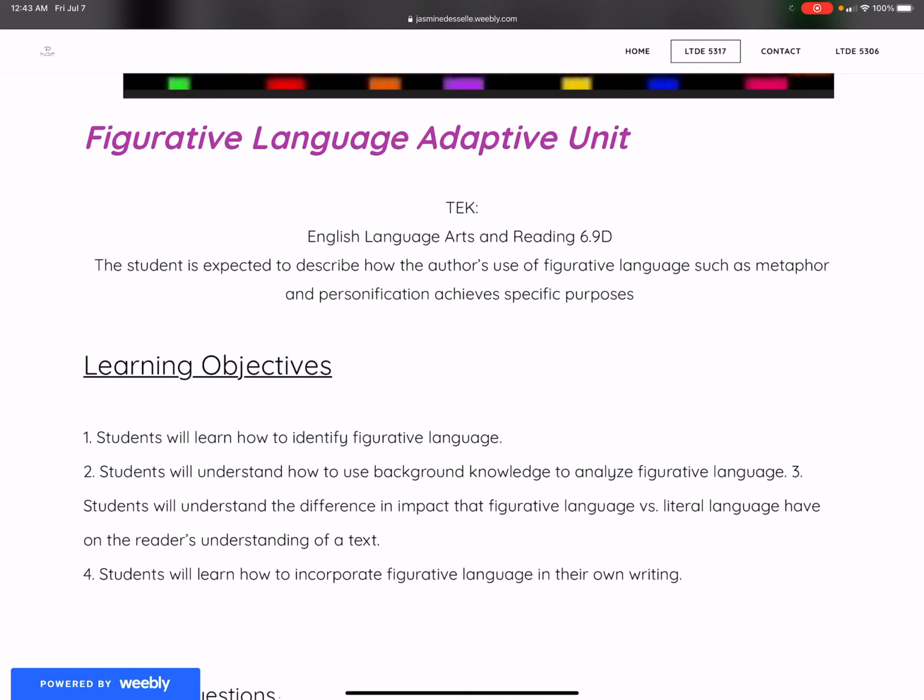But more importantly, it not only goes over the recognition of the different types of figurative language, but also analyzing and inferring what the author means, the message the author is trying to give to the reader through the use of figurative language.